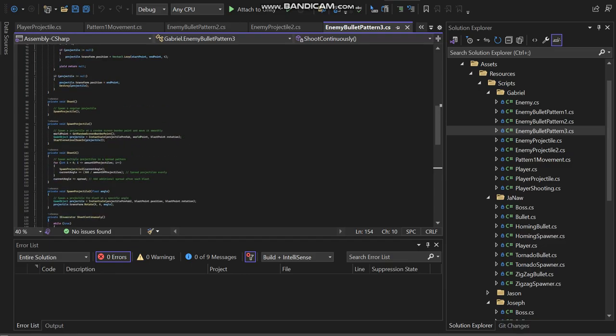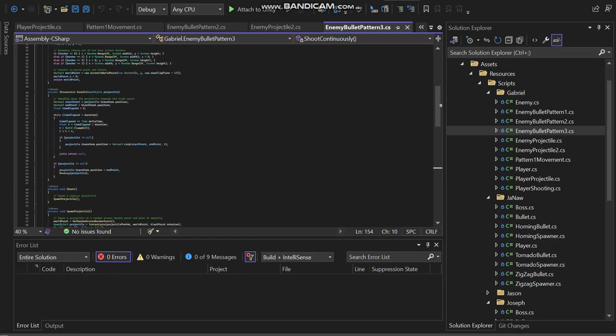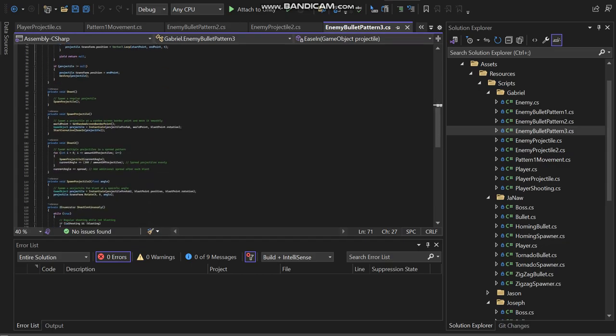To ease in, I use this over here, which increases the velocity exponentially, and when it reaches the end of the point, like bullet pattern 2, it destroys the projectile.